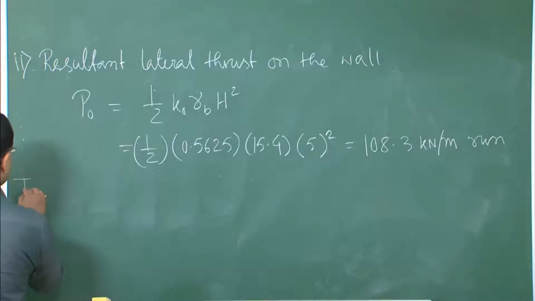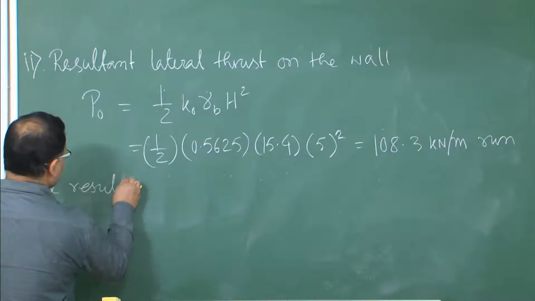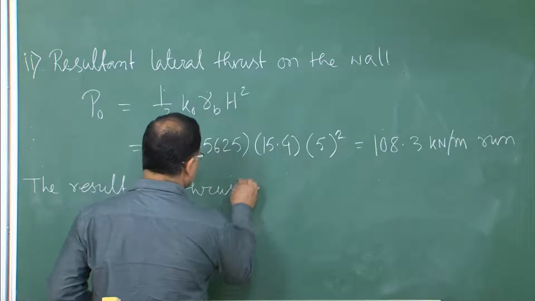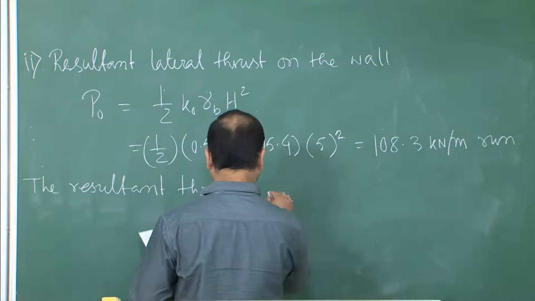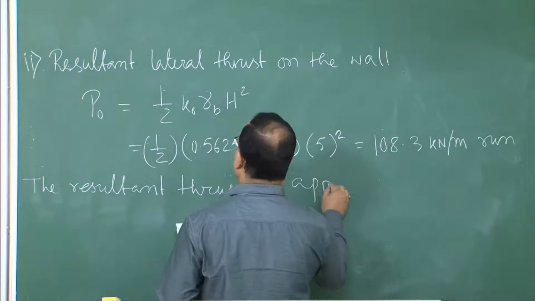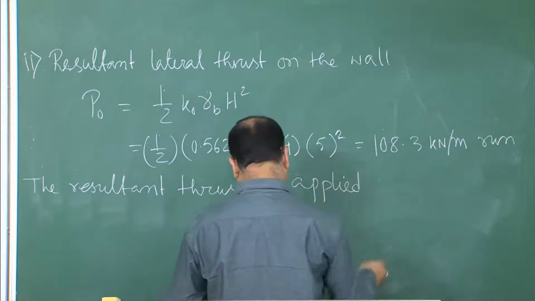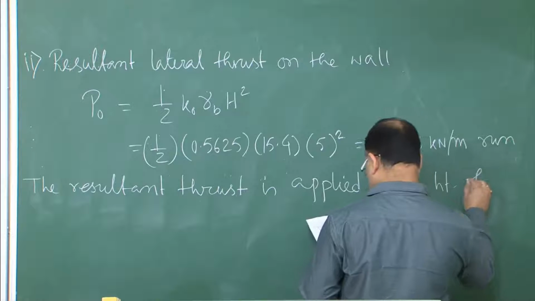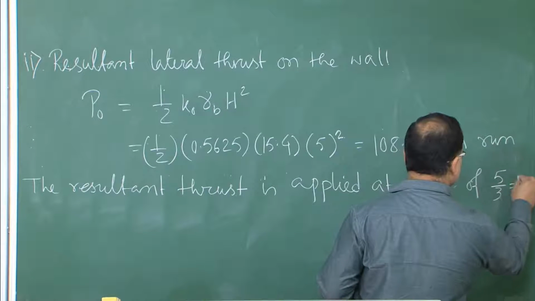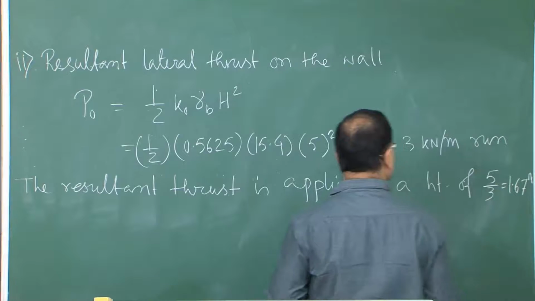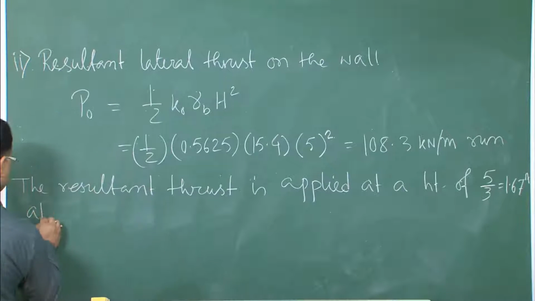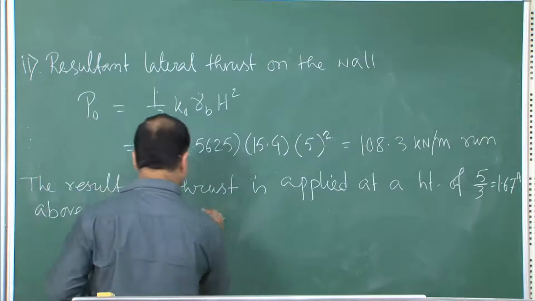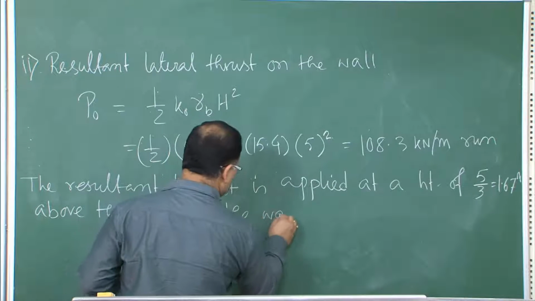So, I can write the resultant thrust is applied at a height of 5 by 3 is equal to 1.67 meter above the base of the wall.